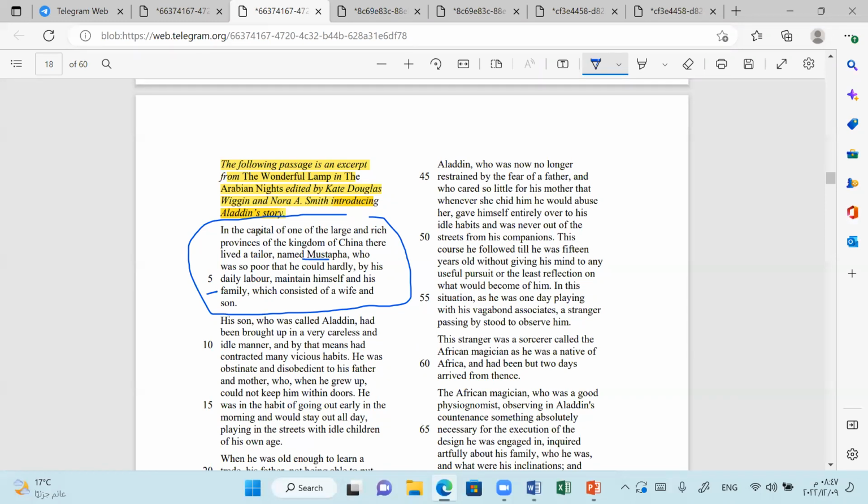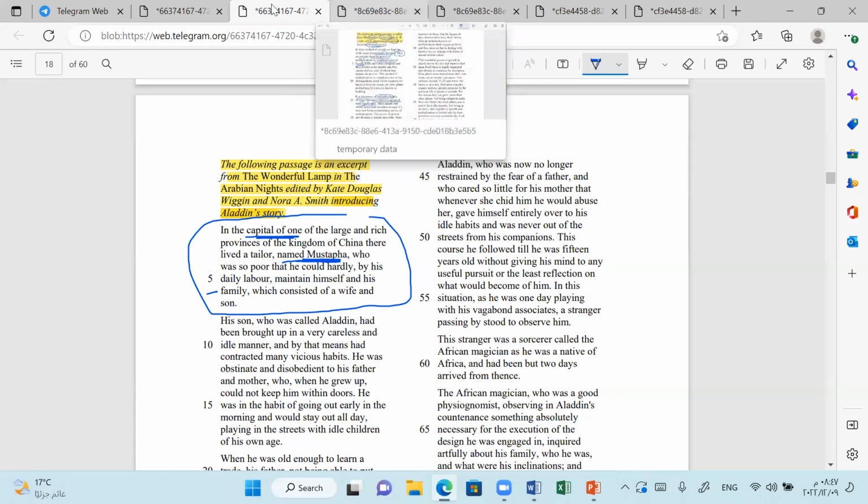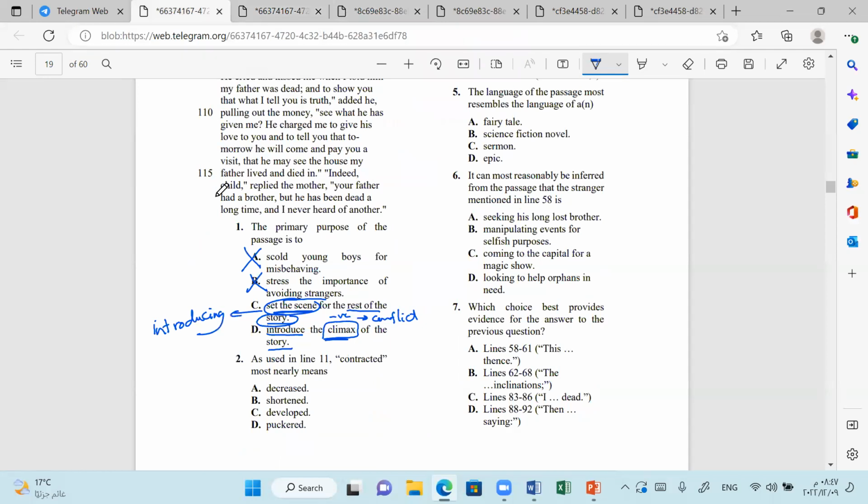If the first paragraph introduces the character and the setting, this is the introduction to the story, not the climax at all. The main thing cannot be the climax. Is it clear, guys? What do you think? Do you have any comments?